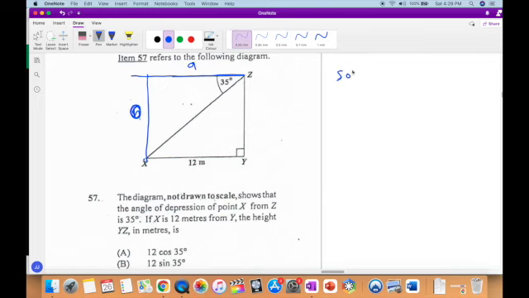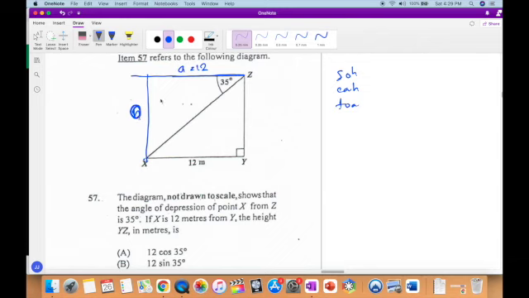So we have SOH CAH TOA. Right? So if this is the adjacent and this is the opposite, remember this adjacent would also be 12. So the adjacent is 12. And we don't have the opposite.